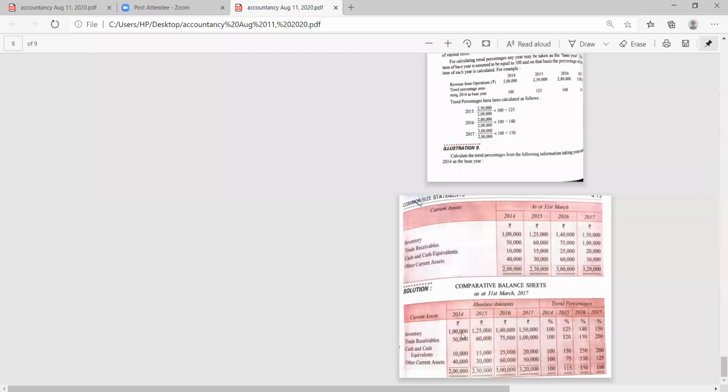I'm repeating my concept again. We have to consider 2014 as a common base, and we have to analyze the trend of the rest of the years against the common base of each and every item of 2014. So how is it calculated? The amount of 2015 for inventory is 1,25,000, while the base in 2014 is 1 lakh.